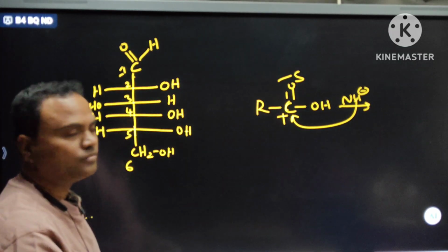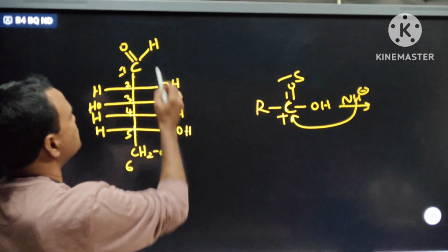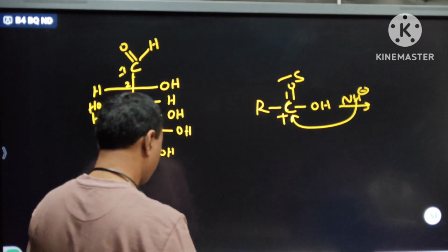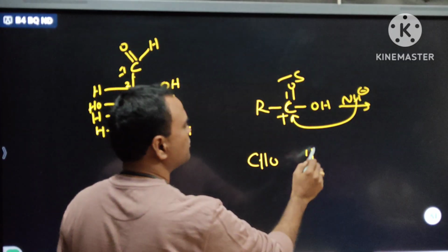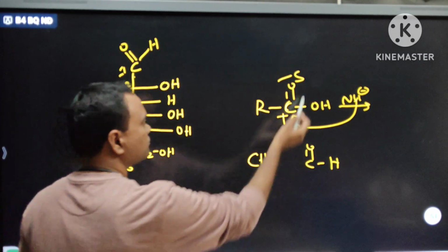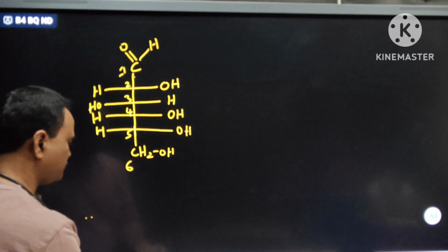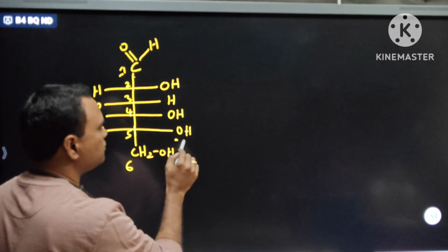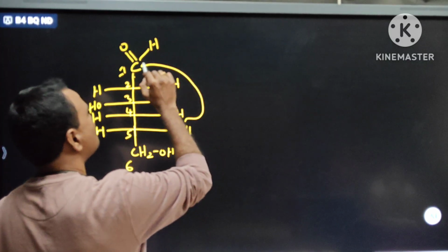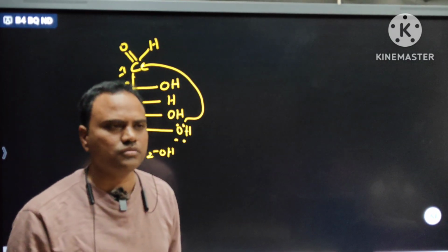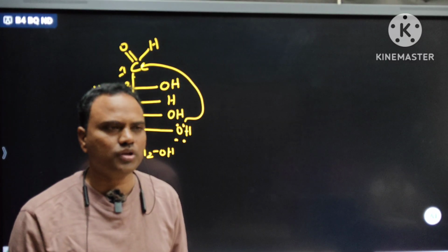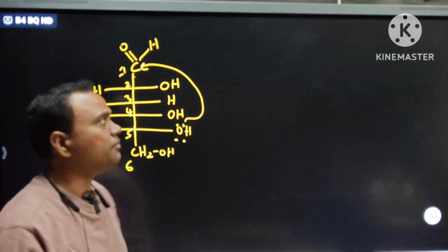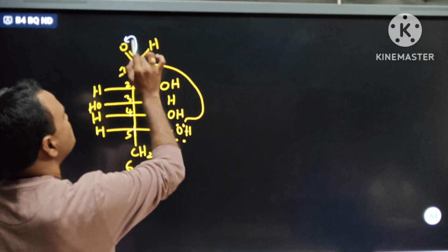See? C double bond O, H, aldehyde. CHO. The OH group at the 5th carbon attacks the carbonyl carbon of the aldehyde. This is also a question: the cyclic structure is formed due to the attack of which OH group? The OH group at the 5th carbon. At that time this bond will go this side.